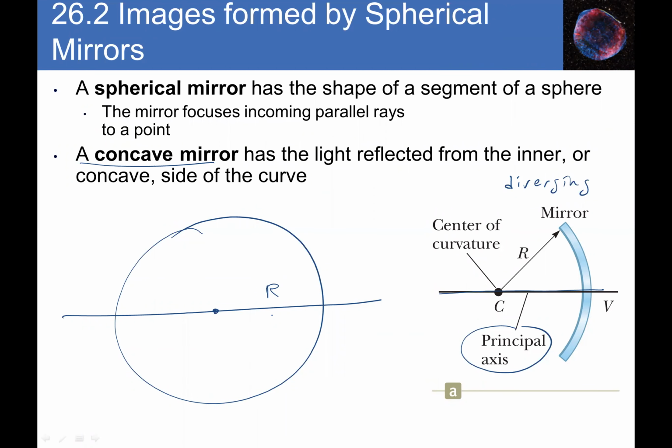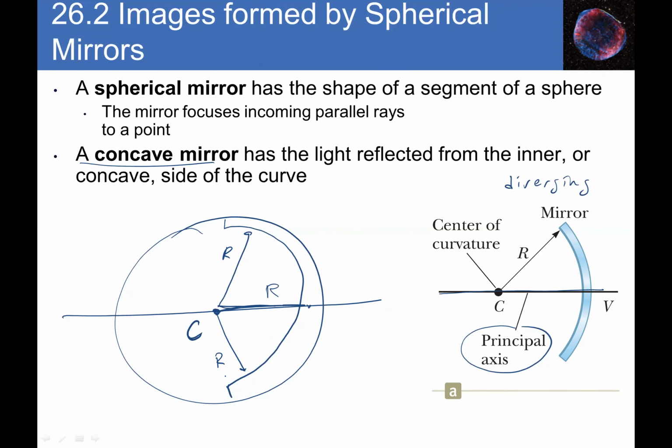Now we're just carving out this part and using only this one. But still, from the center to the center of your mirror, it's a distance of 1 radius. And that means from this point C to any part of your mirror is also distance R.